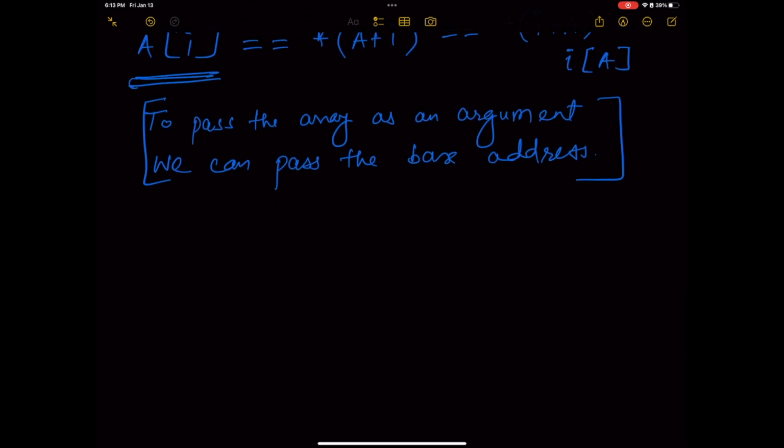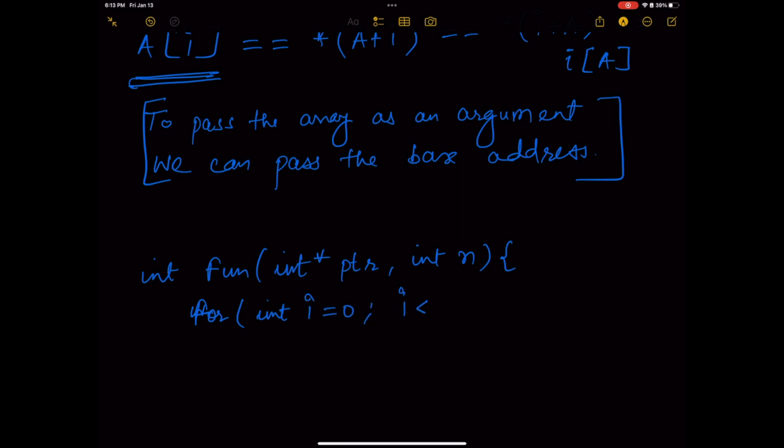Let's see how that works. So let's say I have a function. Let's say I have this fun, int star ptr, and then it also takes a second argument n, which is the size. We'll see why this is required. Let's say this just does for int i equals 0, i less than n, plus plus i.